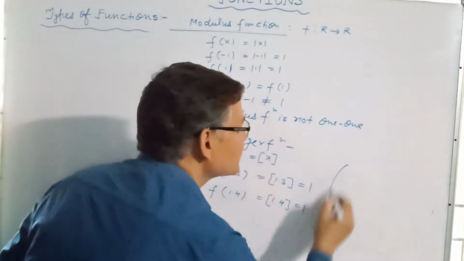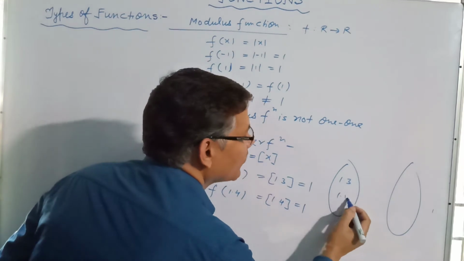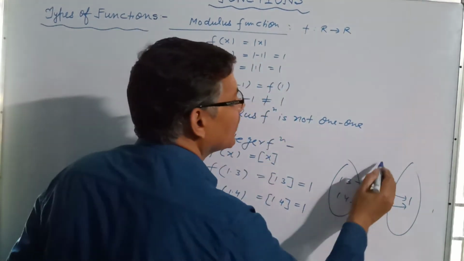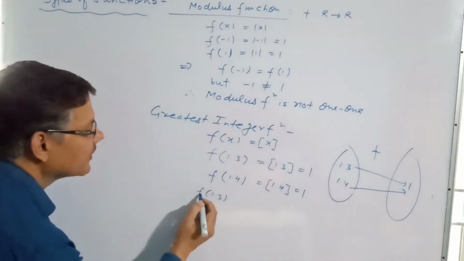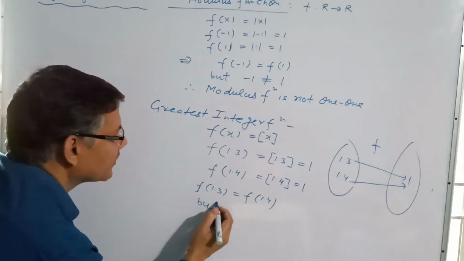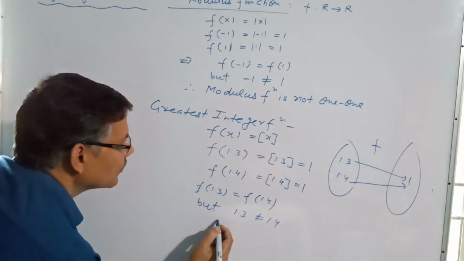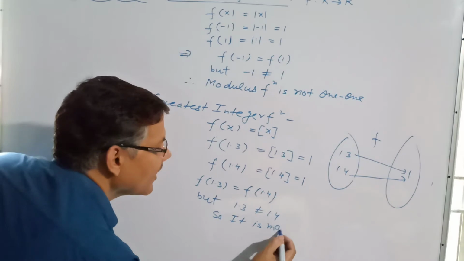It means this is the situation. Here we have 1.3, 1.4, image 1, it's also image 1. Since f of 1.3 is equal to f of 1.4, but 1.3 is not equal to 1.4, so it is a many-one function.